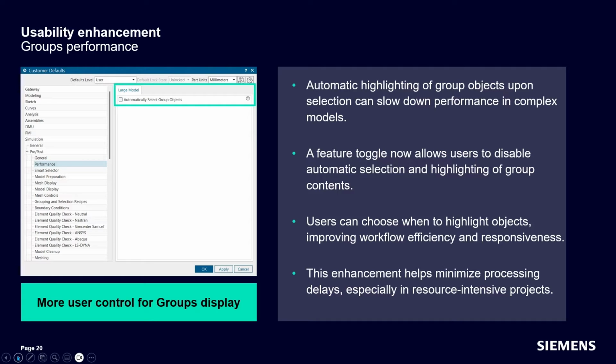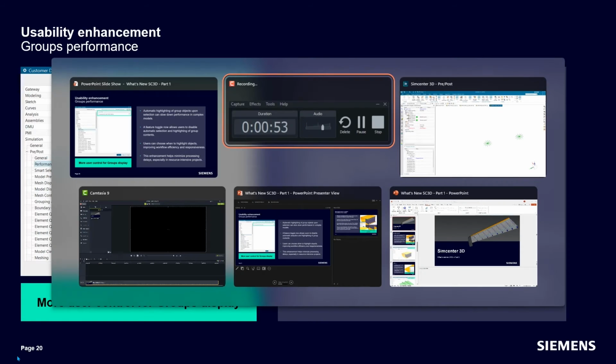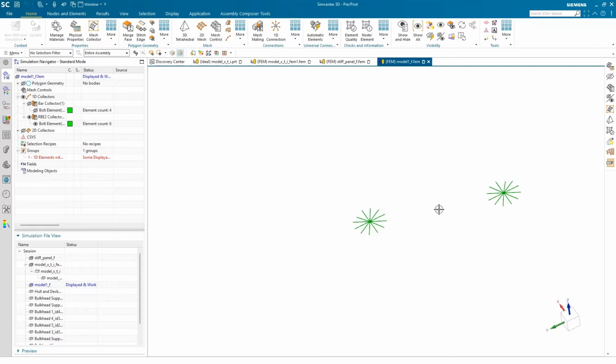So what this does for users is it can improve the workflow efficiency and responsiveness, and this enhancement helps to minimize processing delays, especially if the project is quite resource intensive. So let's take a look at this command in action.